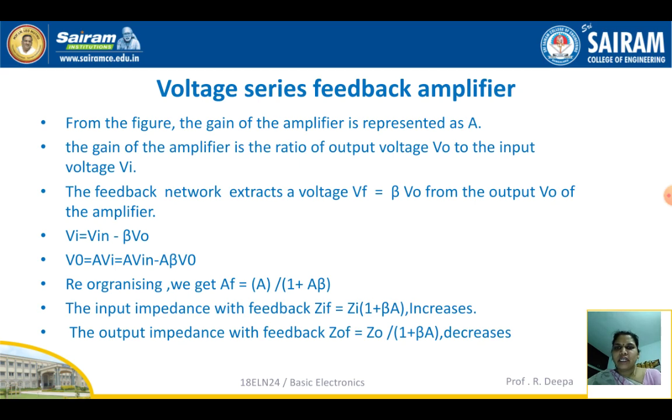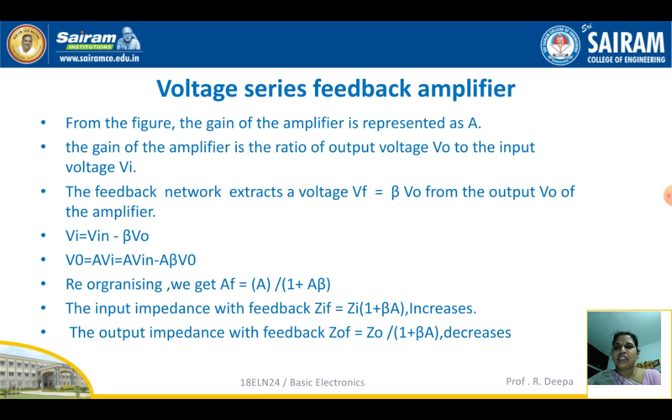In the figure, the gain of the amplifier is represented as A, which we can write as the ratio of output voltage to input voltage. In the feedback network, the feedback signal Vf is equal to beta times V0.